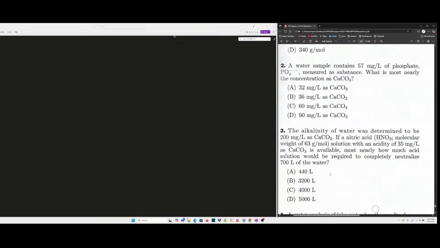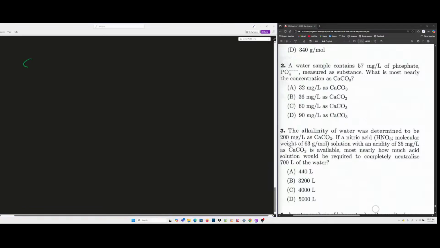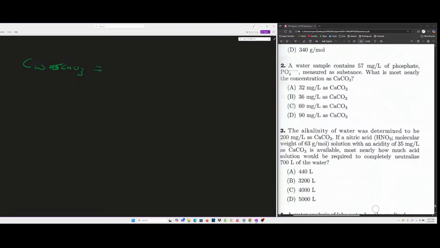So this is a very tricky one. They gave us the alkalinity of water was determined to be 200 milligrams per liter. So the concentration of water as CaCO3 is 200 milligrams per liter.